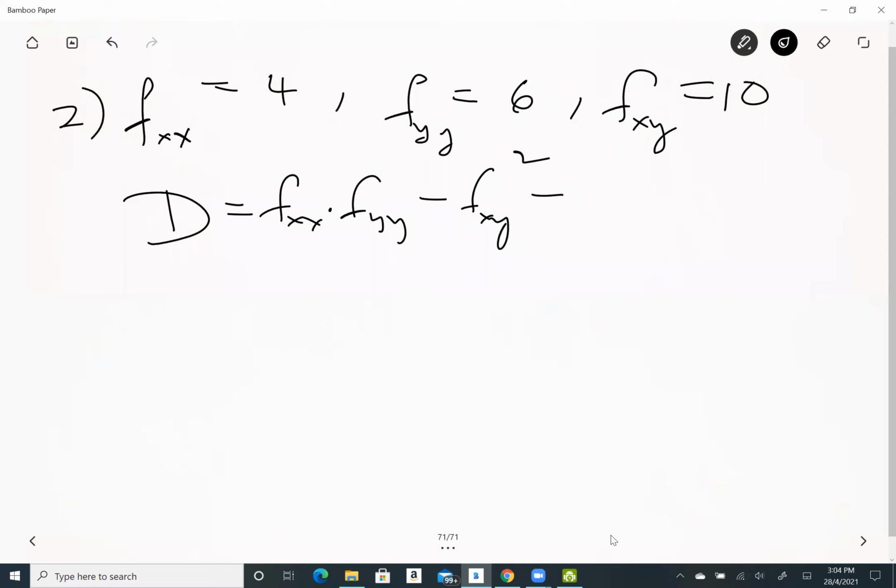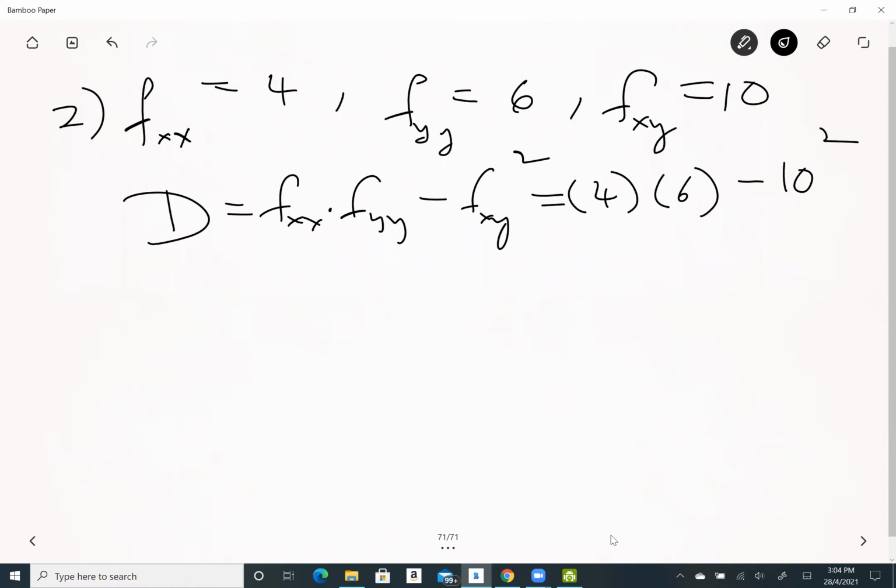That will be equal to 4 times 6 minus 10 squared. All right. Oh, here we still have a saddle point.